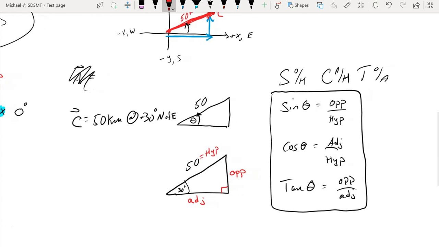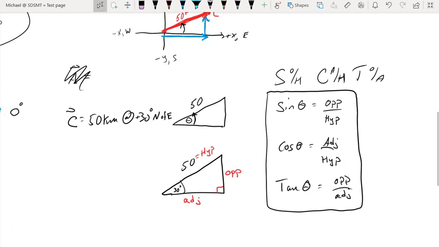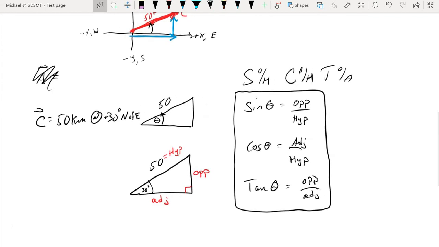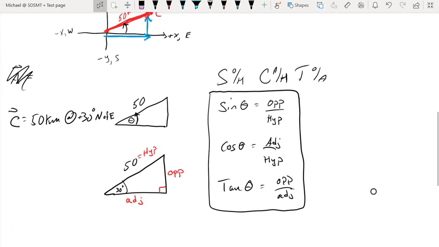But now we have a way of figuring out what the values of the adjacent and opposite legs of this right triangle need to be. The information that I have available to me is I know what the hypotenuse is, and I know what the angle is.